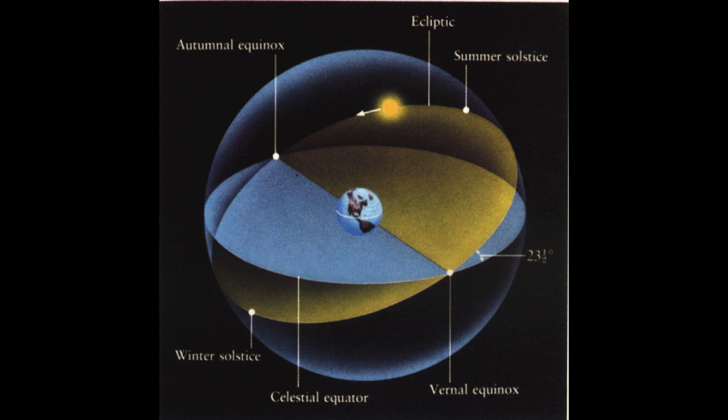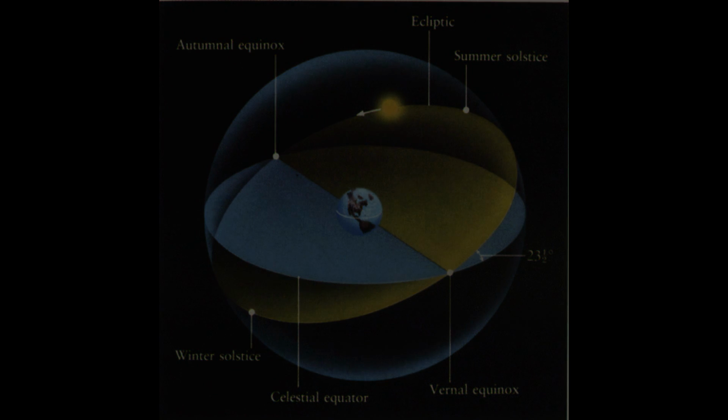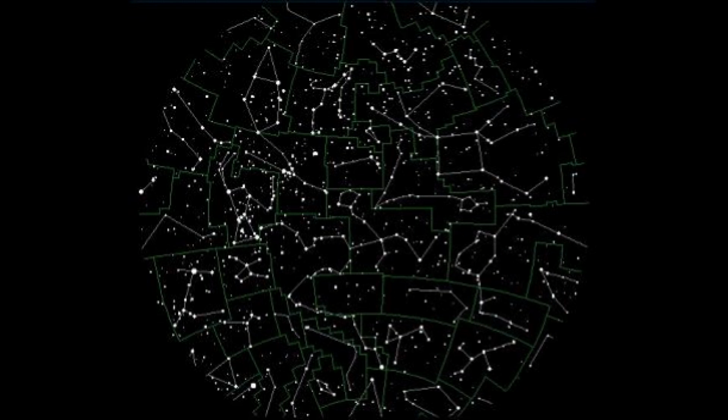More common are partial eclipses, which cause no path of totality. A third type of solar eclipse is the annular eclipse, occurring when the moon is farther from Earth than average, so its disk is too small to cover the sun's disk totally.